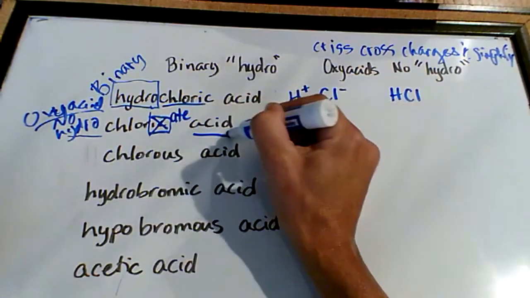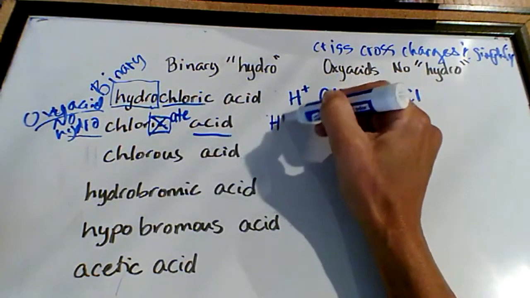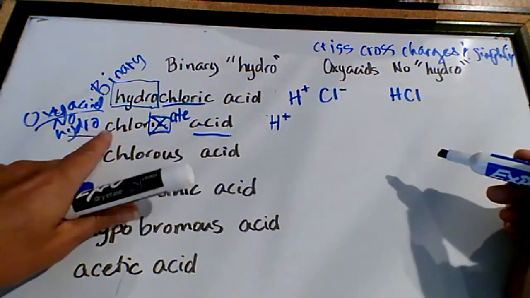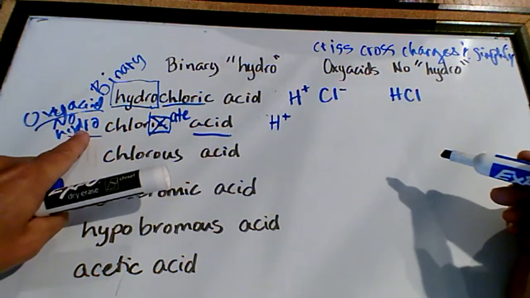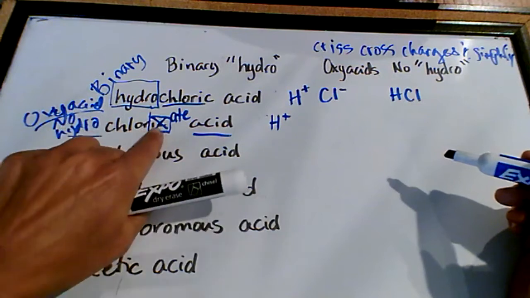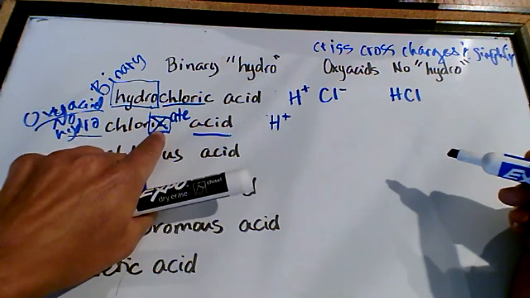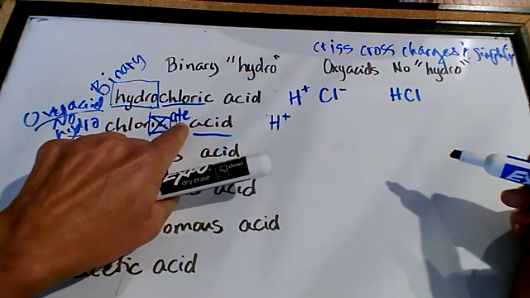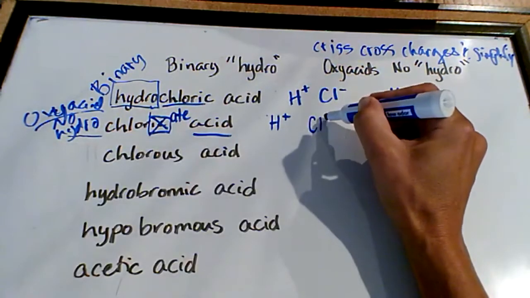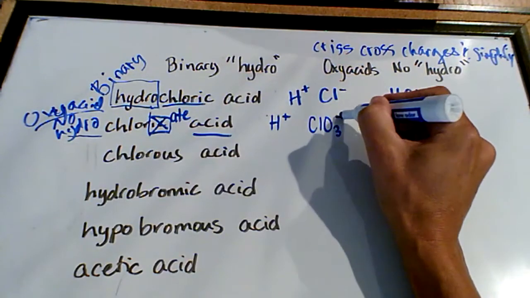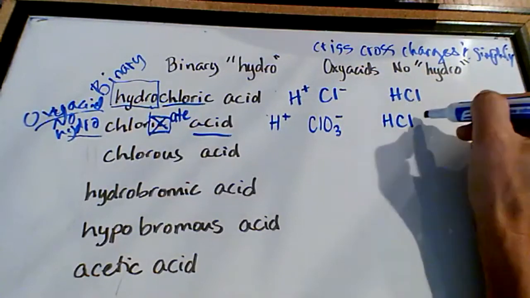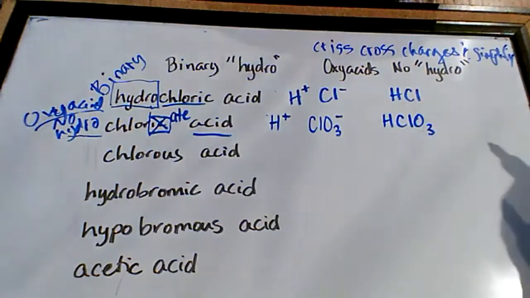The word acid tells me that hydrogen is the first element, and the absence of the hydro tells me that this is a polyatomic ion. The fact that it was turned into ic tells me it was originally an ate. So this is hydrogen and chlorate. Chlorate is ClO3 with a -1 charge. 1 and 1 makes HClO3. Okay?